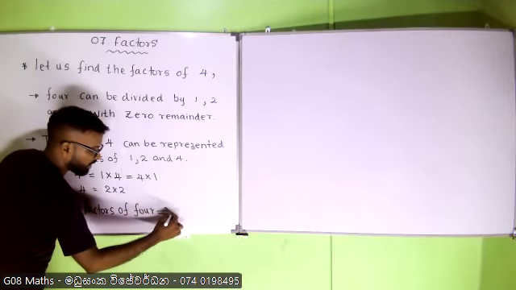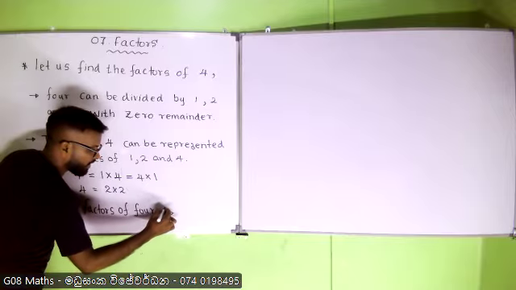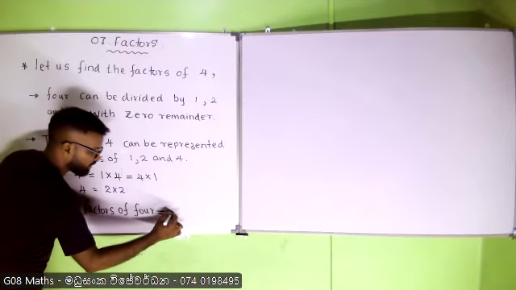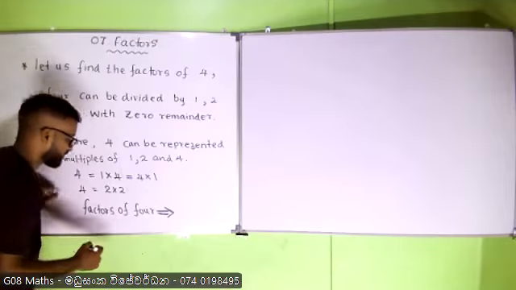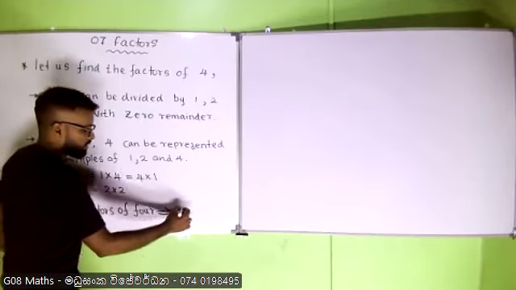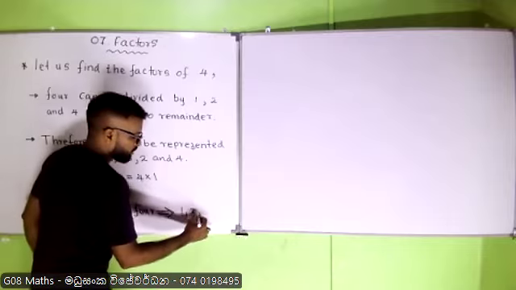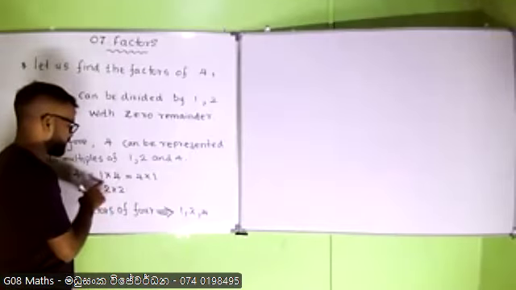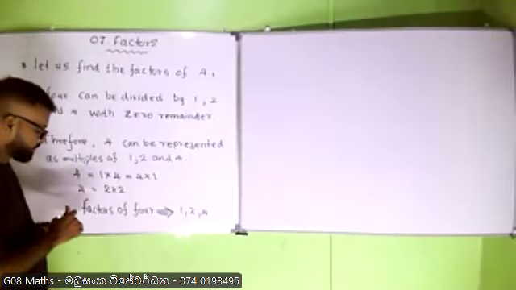Not an equal mark, I have put an arrow. Factors of 4: 1, 2, 4.